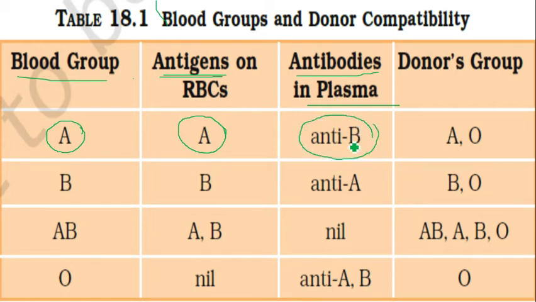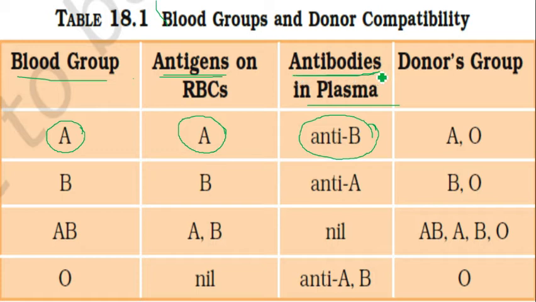Anti-B antibodies we can see in plasma. Because of the presence of anti-B antibodies, the A blood group person cannot take B blood into the body. Why? Because when they take B blood group, the antigen present on the RBC of B can interact with the anti-B antibody present in the plasma.